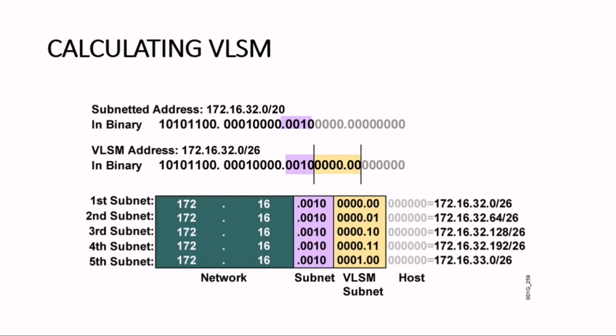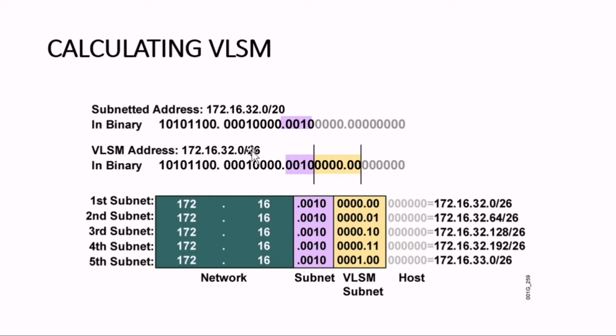So how do we calculate the VLSM? This is just an example comparison between a subnetted address and a VLSM address. If you look at this subnetted address, the purple color here is the subnetted range, and we know that this is class B because it starts with 172. So the great divide is over here and the small divide should be over here, and this bit here is the host.